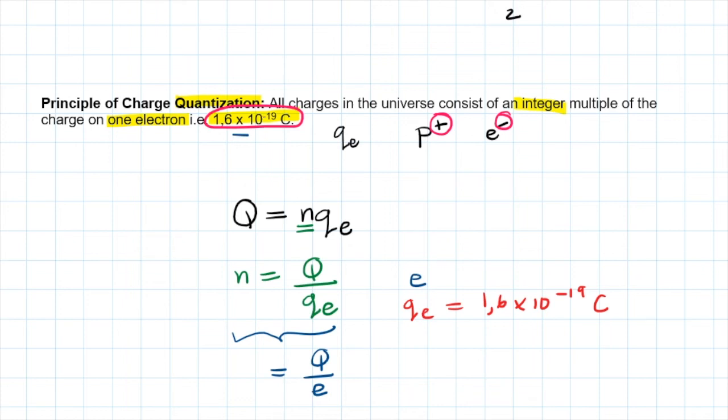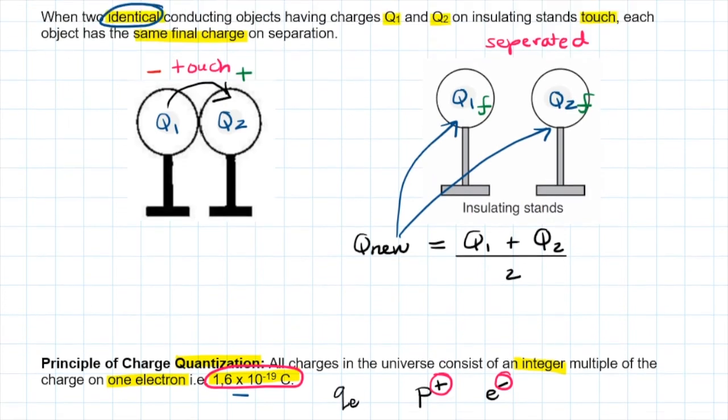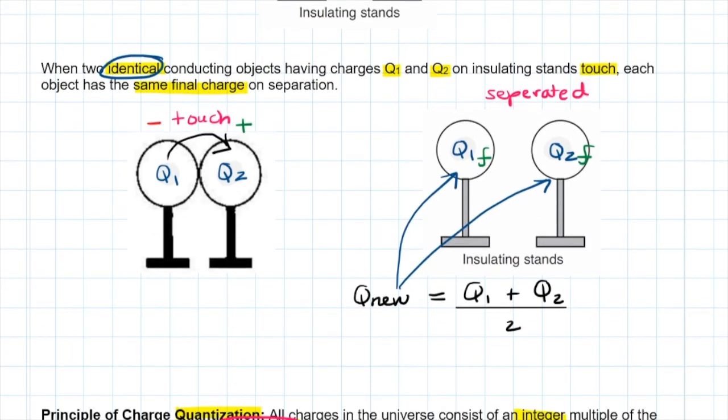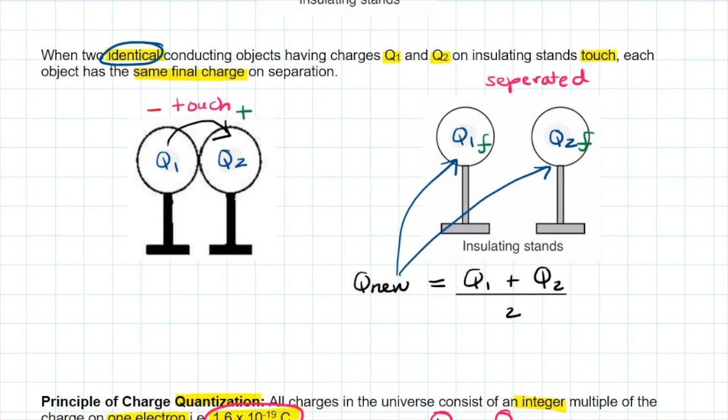You will often be required to use this formula, and here's an example of where you may be required to use it. Firstly, we can say to you that since there's a transfer of electrons, what is the charge that was transferred? And this here is the symbol that we use for charge transferred.